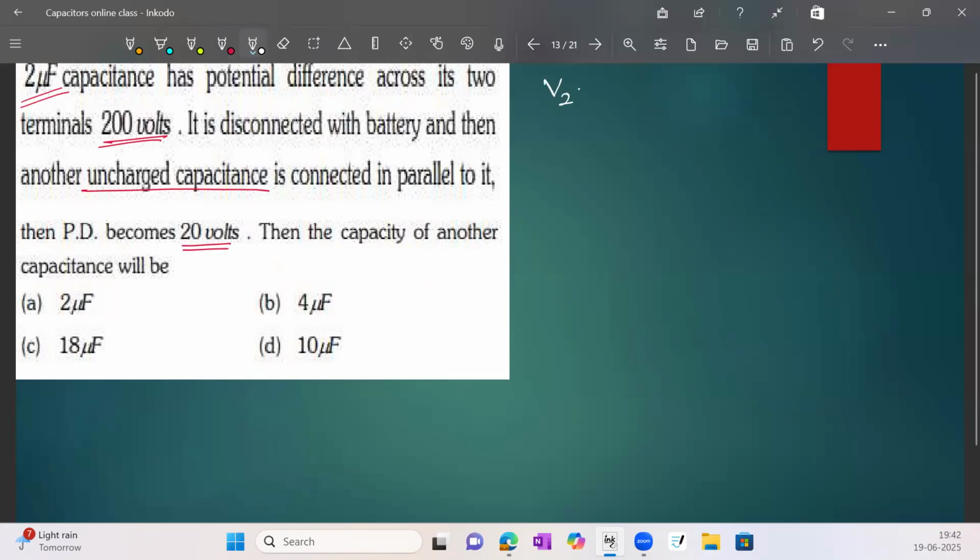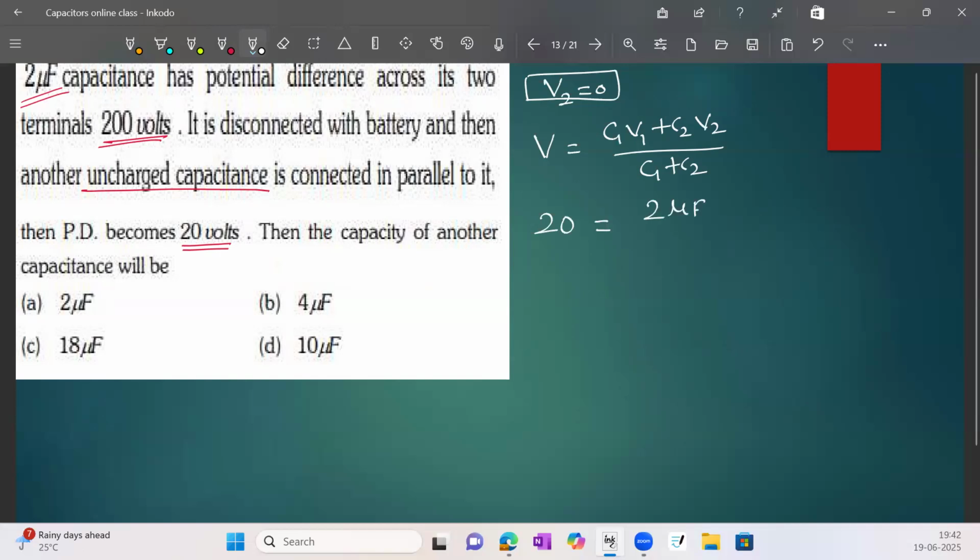Uncharged means V2 is equal to 0. We have the common potential formula: (C1 V1 plus C2 V2) by (C1 plus C2). In the problem, the common potential is given as 20, equal to C1 is 2 microfarad into V1 is given as 200, and V2 is 0, so this part becomes 0, by C1 plus C2.